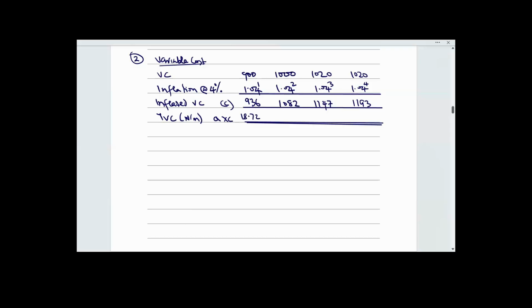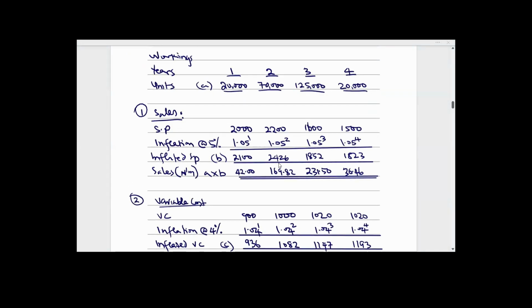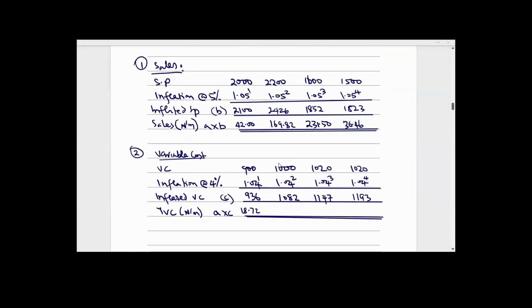Then the second year units is 70,000 multiplied by inflated variable cost of 1082 equal 75.74. Here is 75.74. Okay.